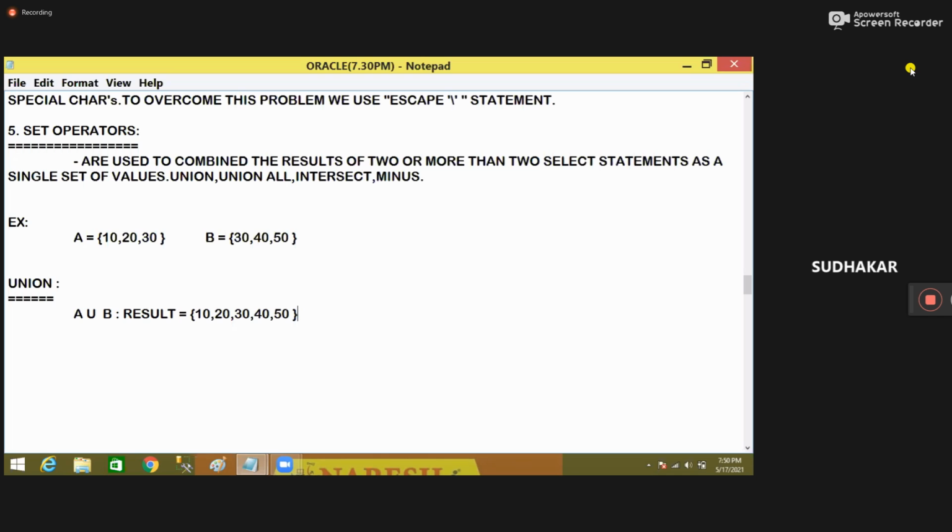In this single set, 30 is a duplicate, but duplicate values are not repeated; 30 appears only one time. That means the union operator combines two sets of values without duplicate data. That is the nature of union.